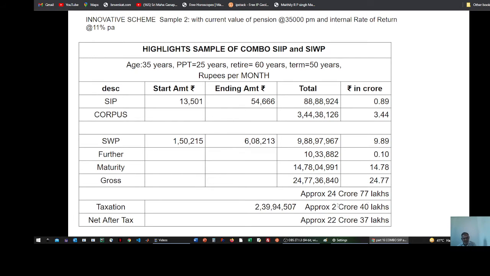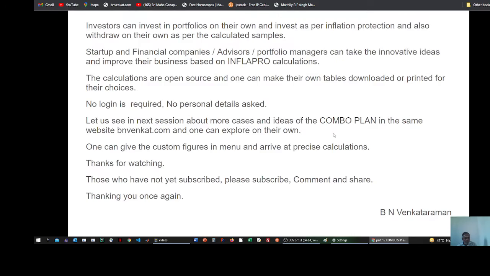Summary is here, the same figure which I explained earlier, and there is a taxation of 2 crore 40 lakhs, and even after that the net after tax will be 22 crore 37 lakhs. Investors can invest in portfolios on their own, invest as per inflation protection, and also withdraw on their own as per the calculated samples.